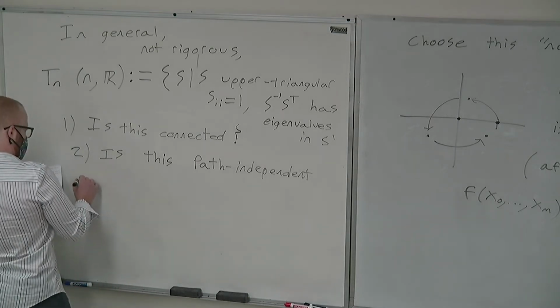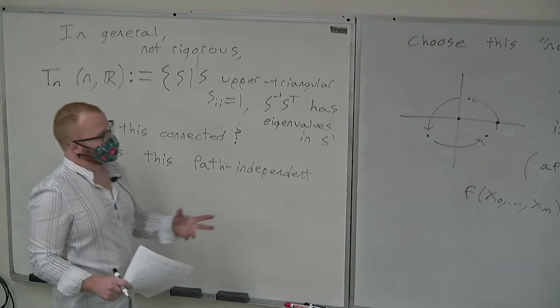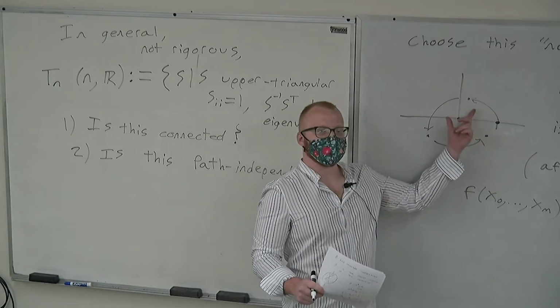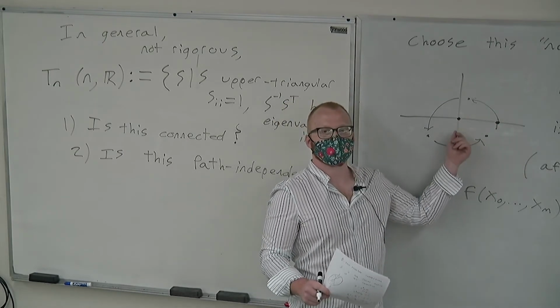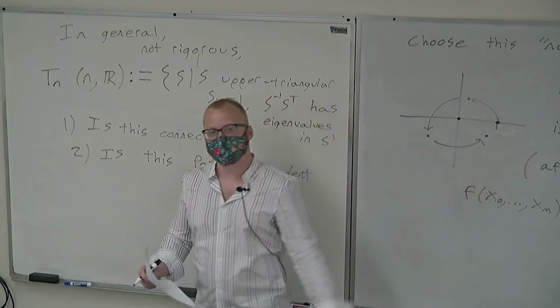So basically, what they say to do is to choose a path such that the eigenvalues, after they leave 1, never collide together again. They never collapse.